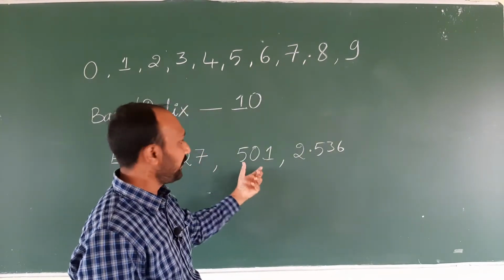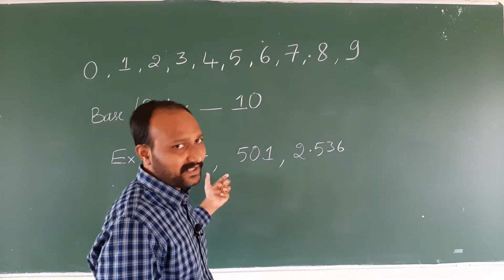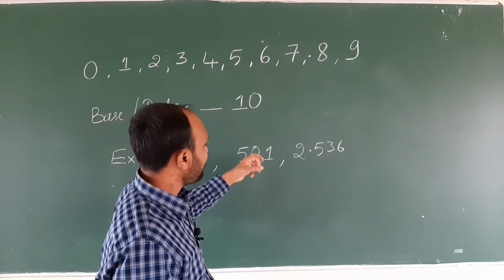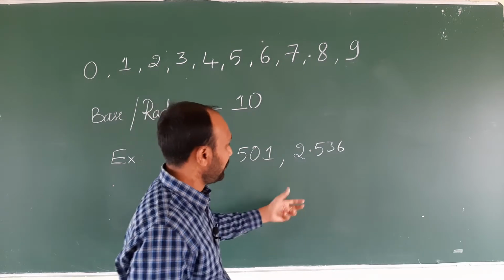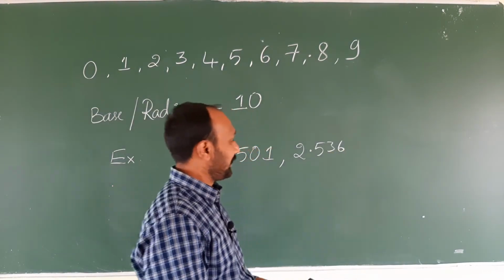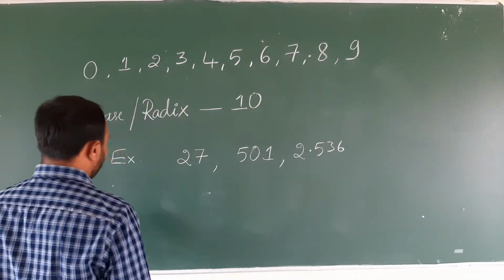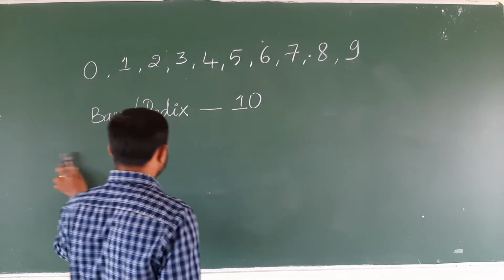Similarly, 501 is made out of 3 different symbols. Here we refer to them as digits. So, 5 is one digit, 0 is one digit, and 1 is another digit. Similarly, 2.536 is another decimal number. These are the examples of decimal number system.